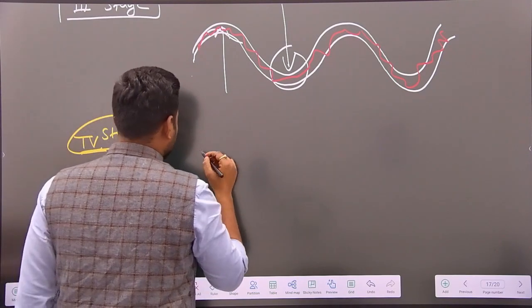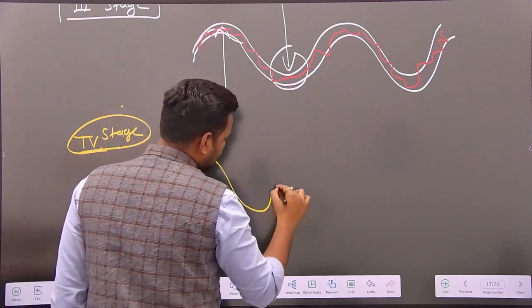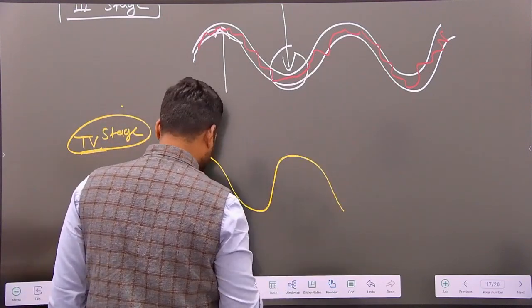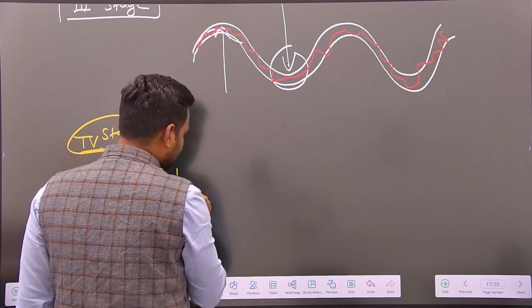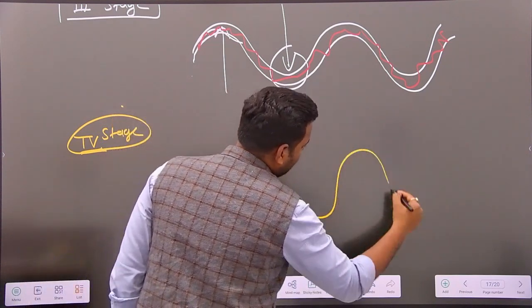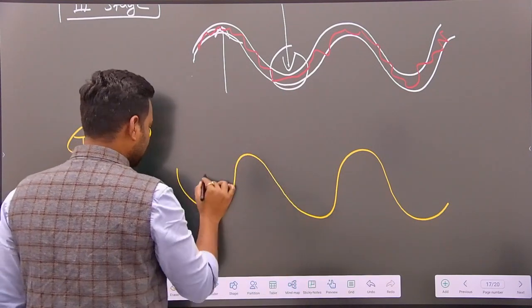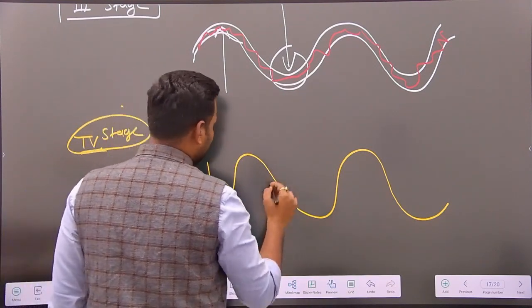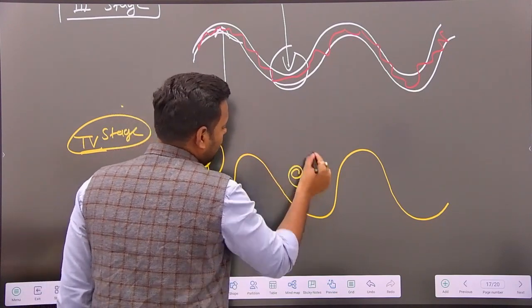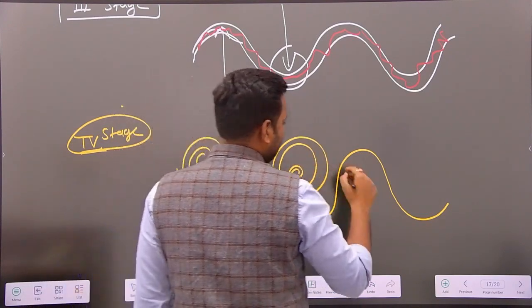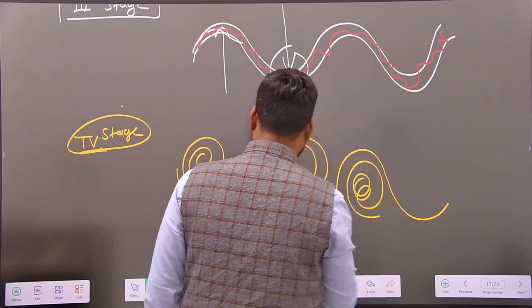In the fourth stage there is a breaking of the jet stream. It means some jet streams have been left out. Why?